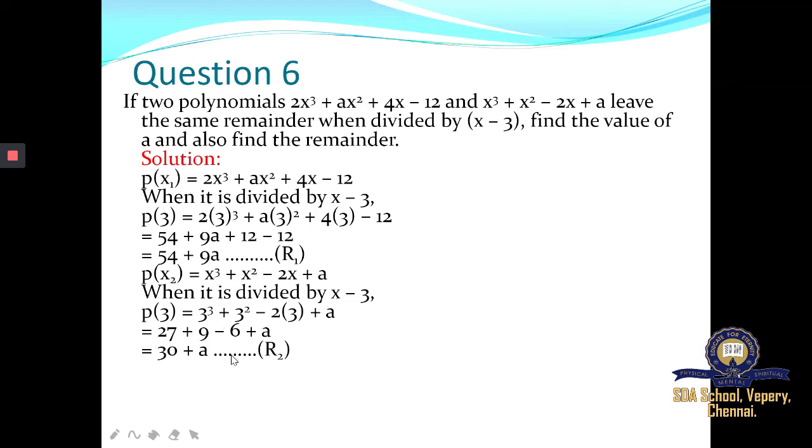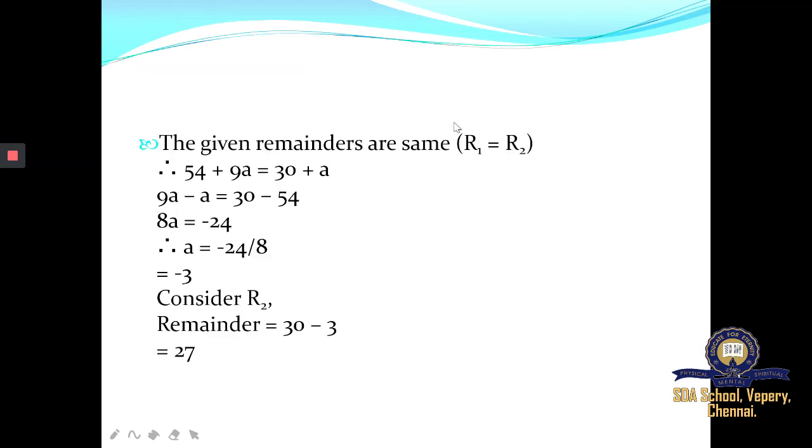Got it, students, till here? Now if you look back into the question, they have told that it leaves the same remainder, which means both the remainders R1 and R2 are equal. Therefore, I simply equate these both.